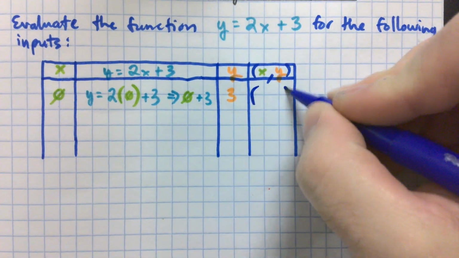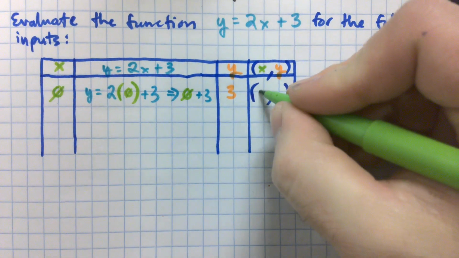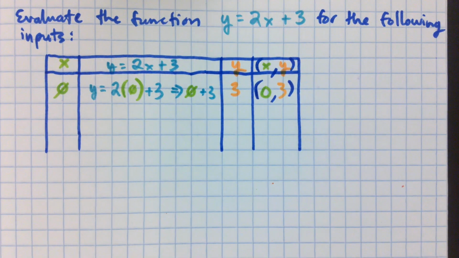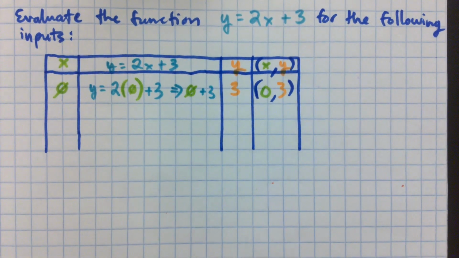So my ordered pair here is going to be what? 0, 3. Not too bad, right? Like I said, we've been doing this just in a different way.